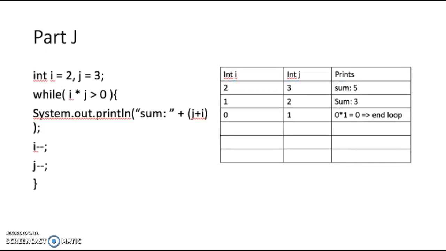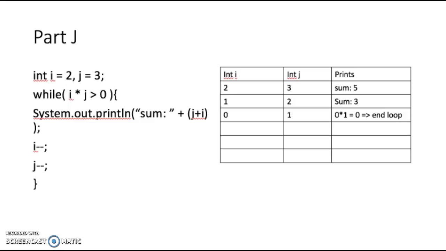Next, we go on to part J, and int I is 2 and j is 3. While I times j is greater than 0, then we will print out the word sum, colon, j plus I. And then we will minus 1 from I and minus 1 from j.